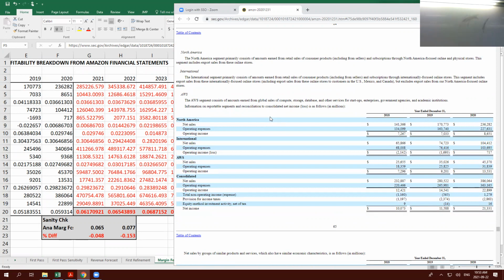It breaks things up: North America, international, AWS, and then consolidated is just a sum, right? So it's telling you more stuff about AWS than what a typical disclosure would give.